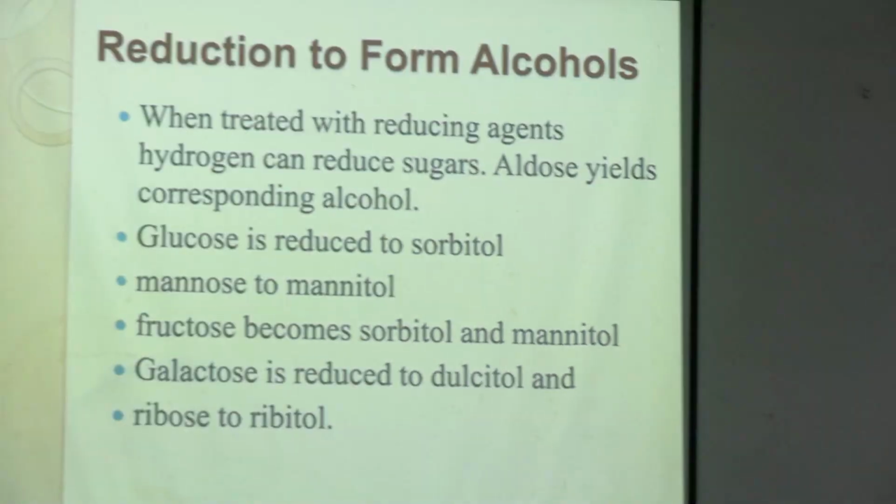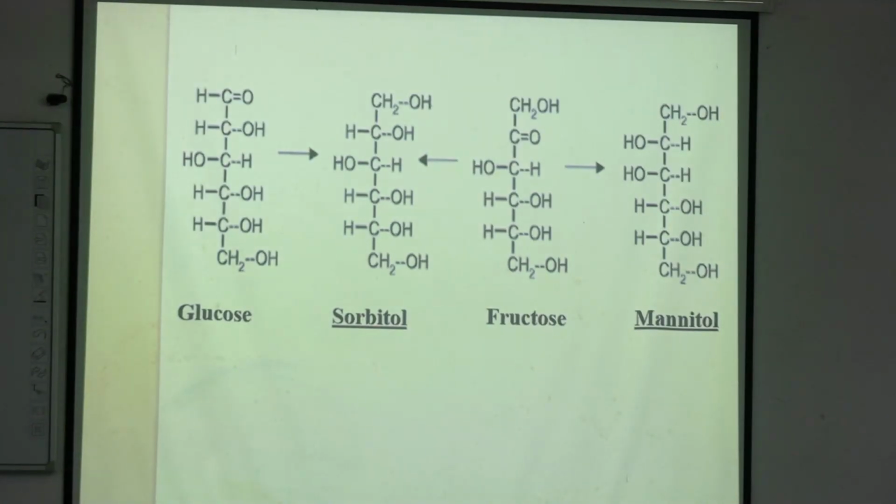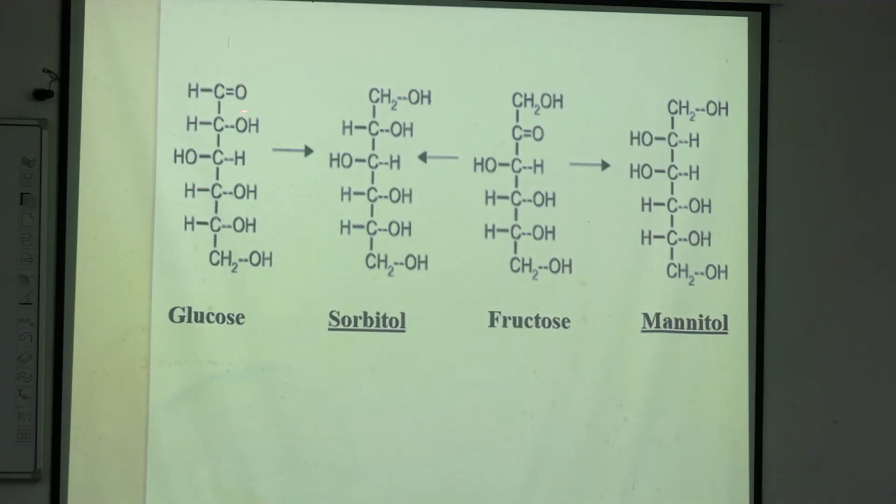For fructose it will form sorbitol and mannitol. Mannose will form mannitol. So how am I saying all these things? See, if this aldehyde group changes to alcohol, it will form a structure like this. Clear? C1 having aldehyde group is now converted to C1 alcohol group. So this compound is known as sorbitol.